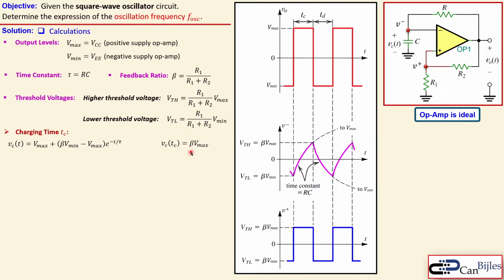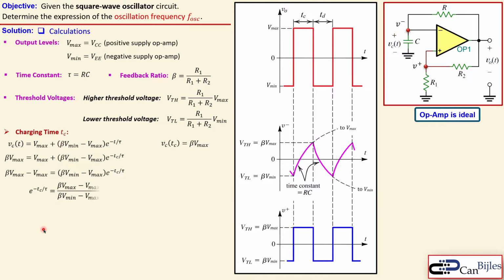Now we know the final value is shown here. Because it is at this node, we can see that after Tc seconds, from 0 to Tc, if you consider this 0, our voltage will be beta times Vmax. So we can substitute that in this expression, and also substitute for Tc, and then you have this expression. Now we can rewrite this, placing this Vmax to the left side, and you have this expression.